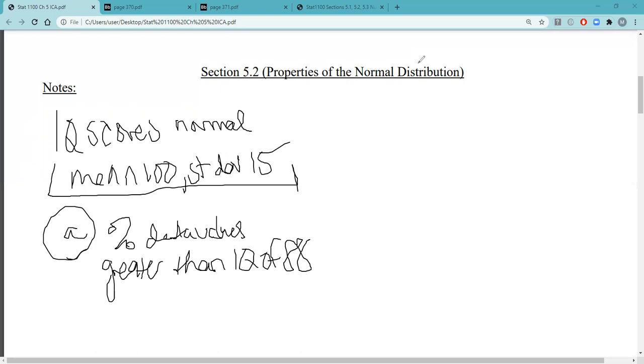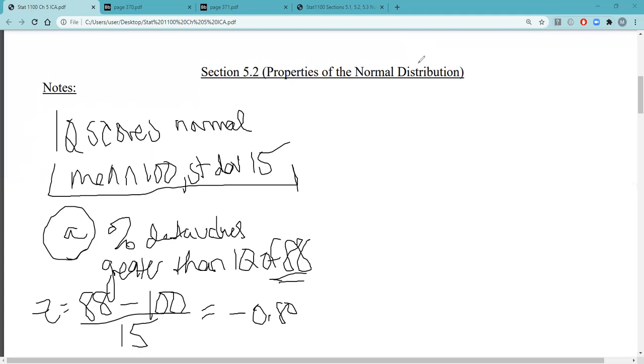So let's go ahead and turn this data value of 88 into a z-score. So we have z is equal to the data value minus the mean over the standard deviation. And we can see that our z is negative 0.80. Again, remember, we always want to round these out to 2 decimal places.